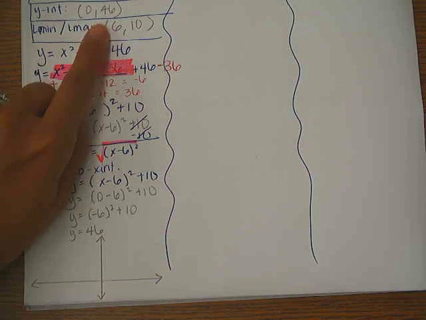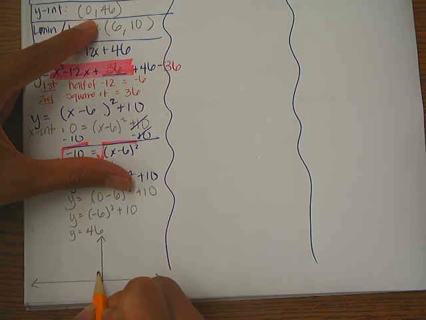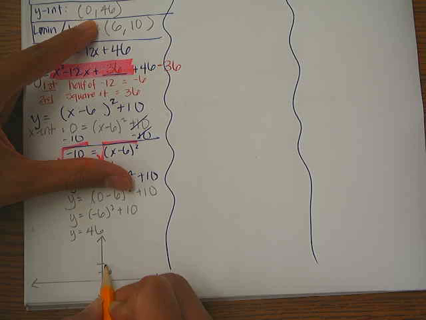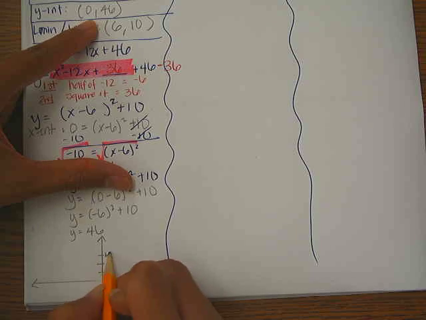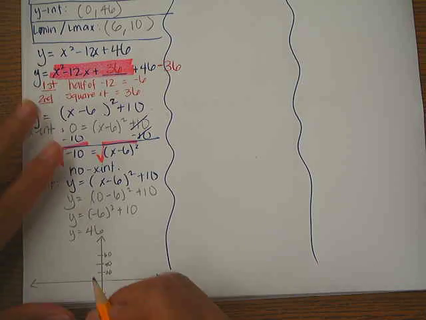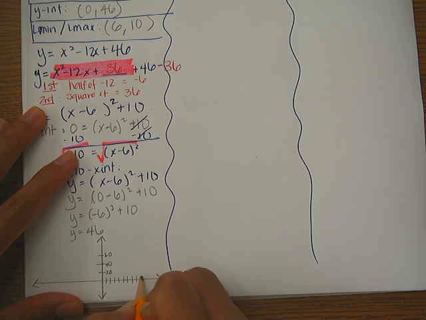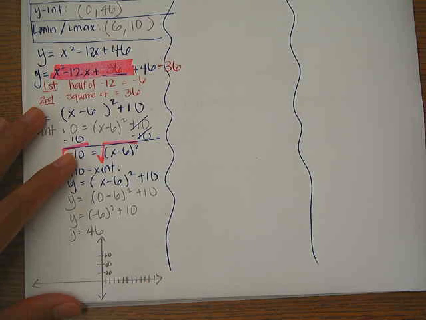So my highest is at 46, so let's do this by 20. 20, 40, 60, okay? X looks like I kind of need to go at about 6, so let's do 1, 2, 3, 4, 5, 6, 7, 8, 9, 10, 11, 12. Okay? Because X is by 1 unit, I don't need to label it.